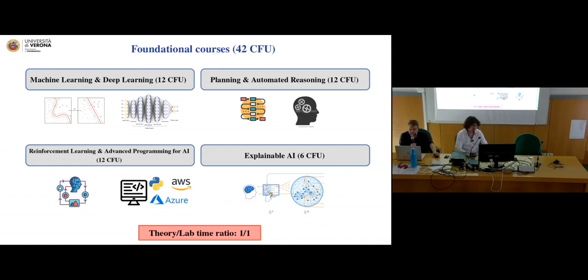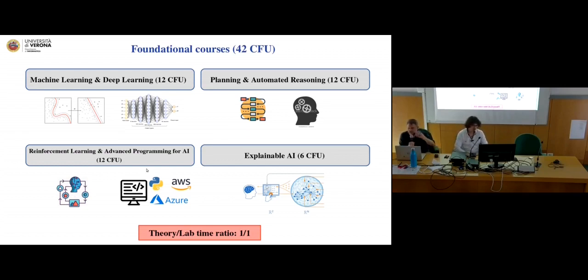So we put this course directly in the foundational courses. In this course, you can learn techniques like AWS, Azure, or techniques that are very related to what you can then use in practice. Of course, also other methods related to artificial intelligence.